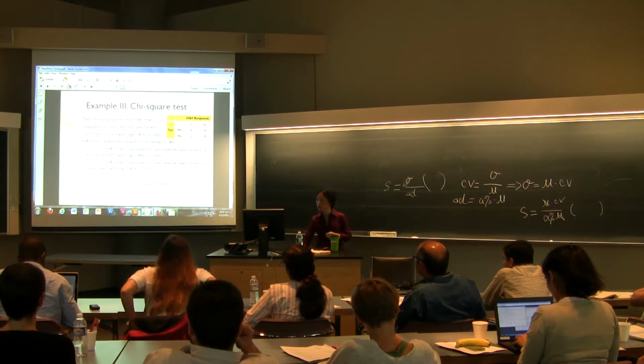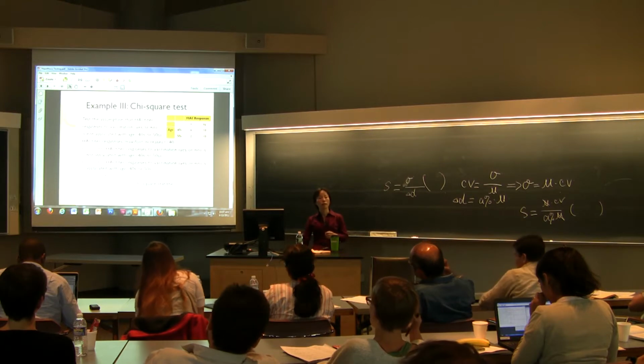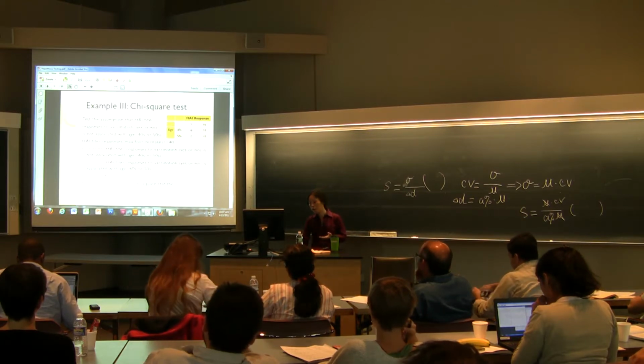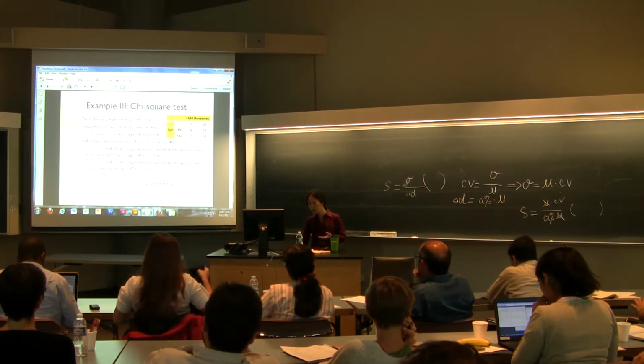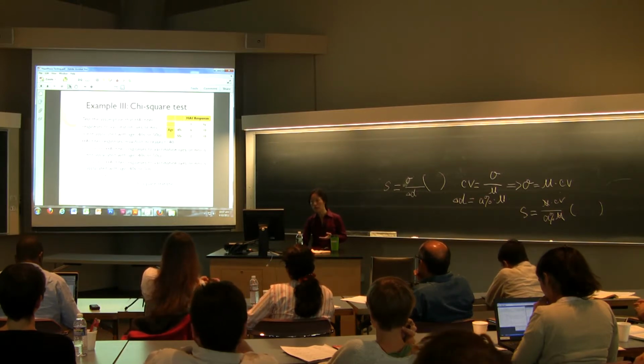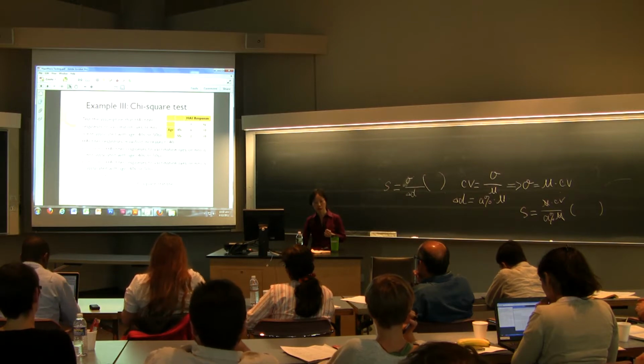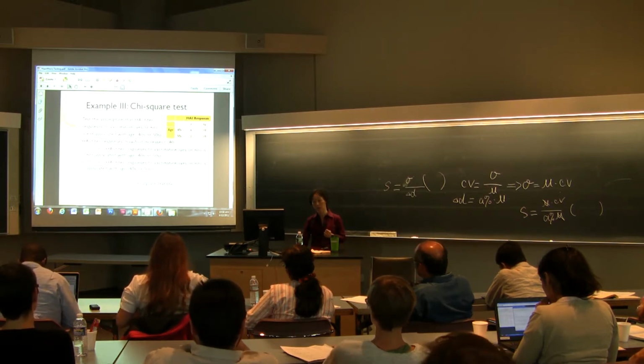On the right side is the contingency table, showing how many people in their 40s have a response or do not have a response. How to do the test? We need to formulate the null hypothesis and the alternative hypothesis.